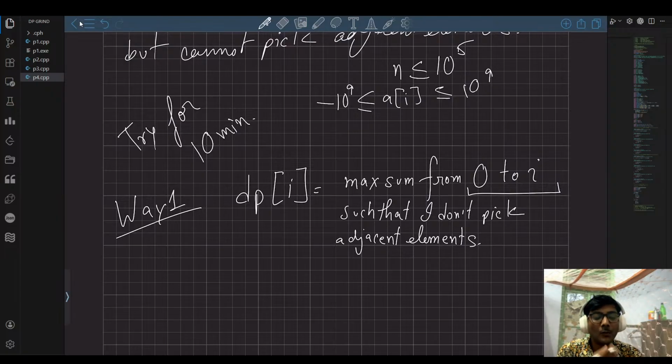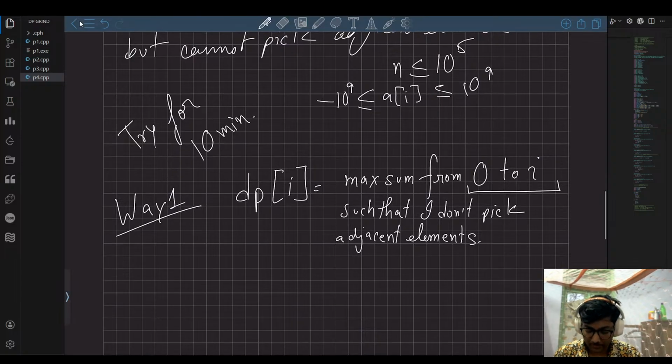I have already defined that the dp of i will be the maximum sum I can conjure up, considering the elements from 0 to i only. So if this is understood, can I say that the base case 0 has to be defined?